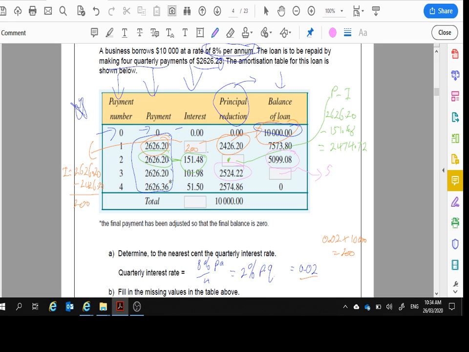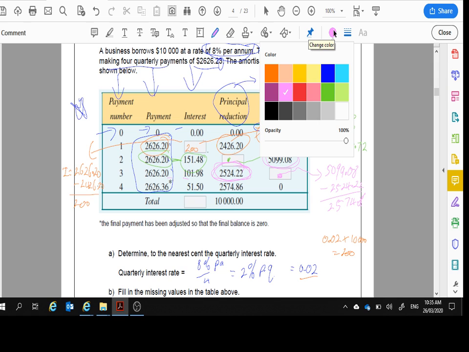So we're going to do 5099.08 minus 2524.22. When I do that, I get 2,574.86, which is what's going in that box there. So what I had originally at the end of the year minus what I'm taking off now after all my payments and I've taken away interest, that's what's left.